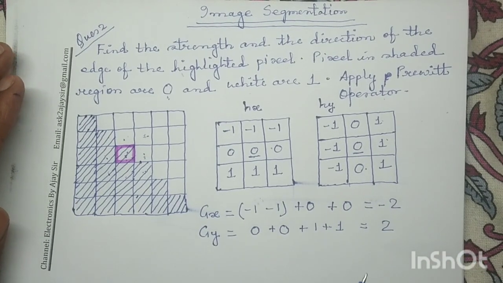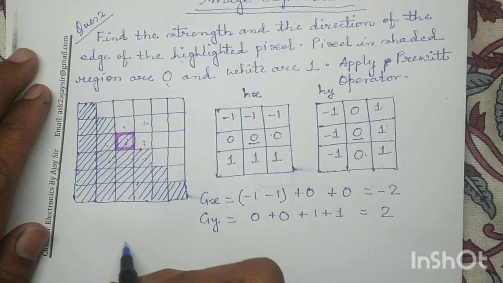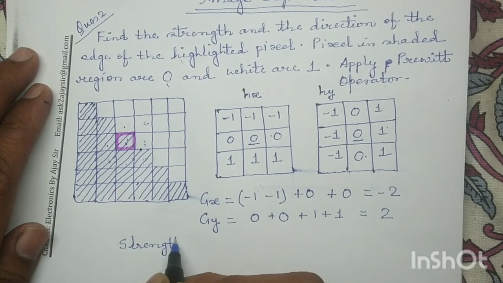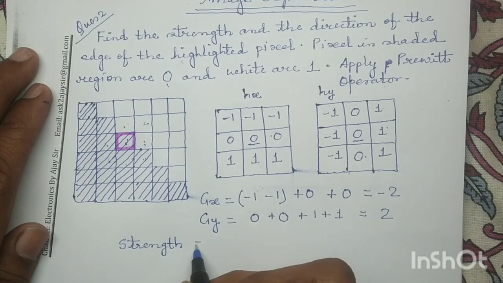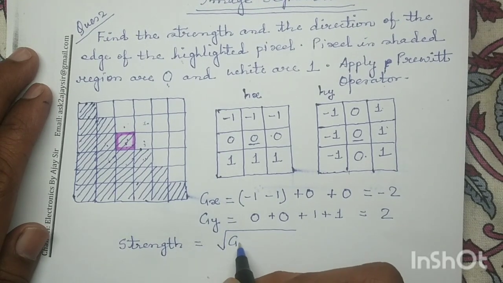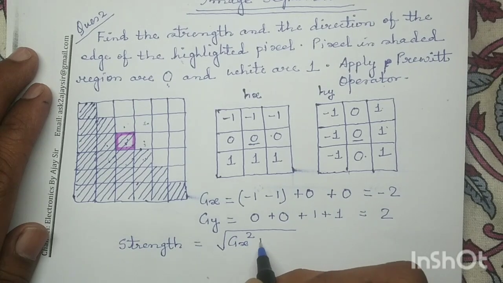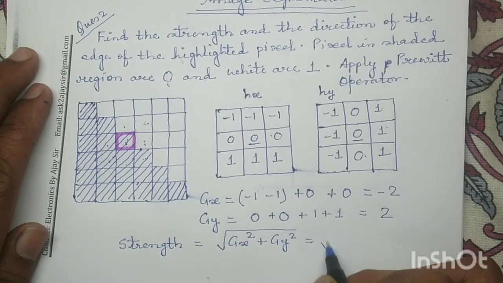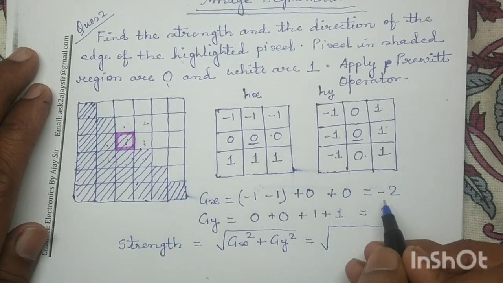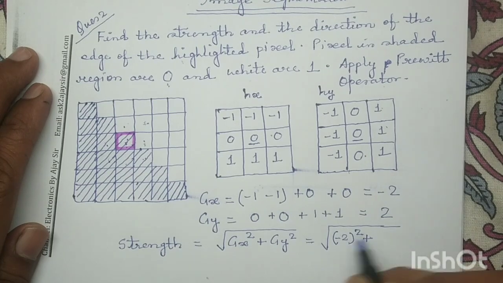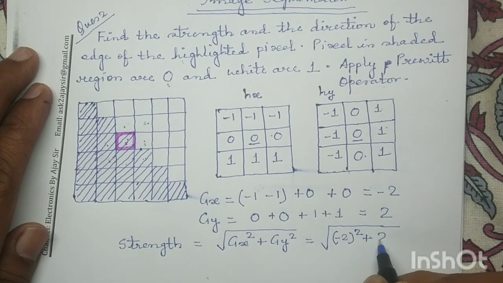Now in order to determine the strength, that is the magnitude, the formula of magnitude is g equals under root gx square plus gy square. Now we substitute the value of gx, so -2 square, plus gy, whose value is 2, so 2 square.